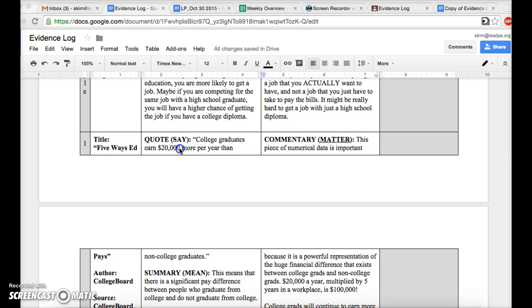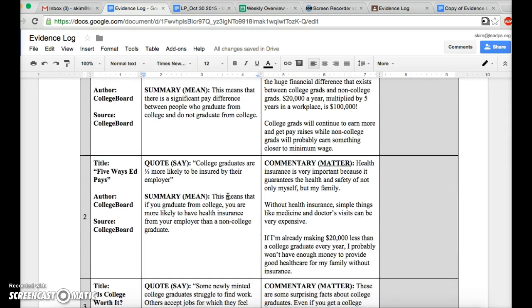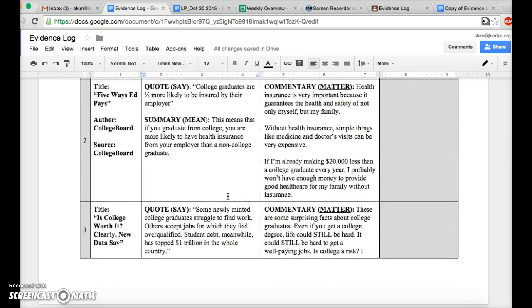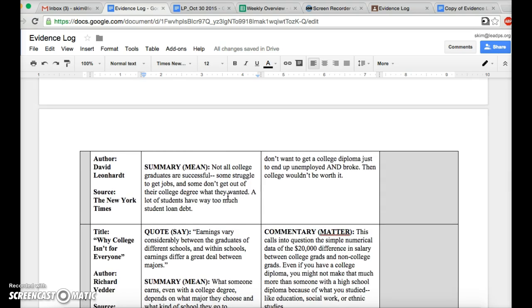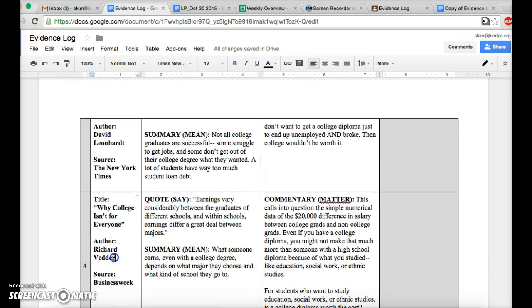We have numerical data here, 20,000 more. But we also have different types of evidence. We have some reports from expert opinions. We have some expert opinions telling us about different earnings.